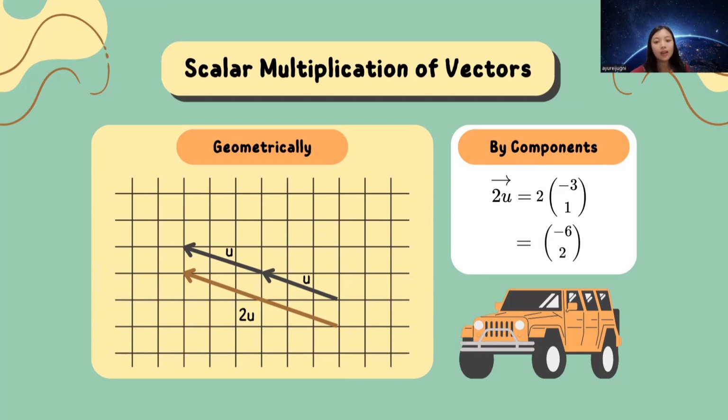For example, if a vector u becomes 2u, the magnitude doubles. Can you guess what happens if we multiply by -1? Yes, the direction becomes opposite.